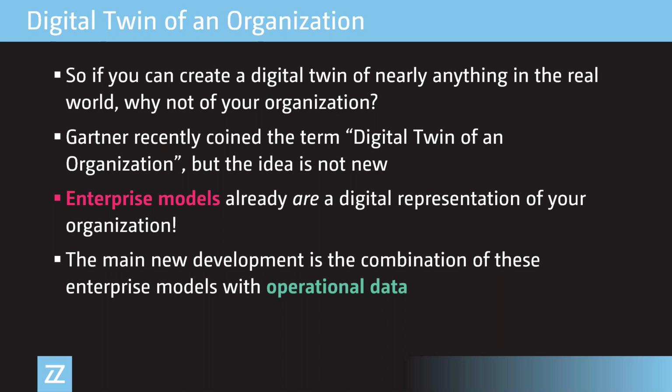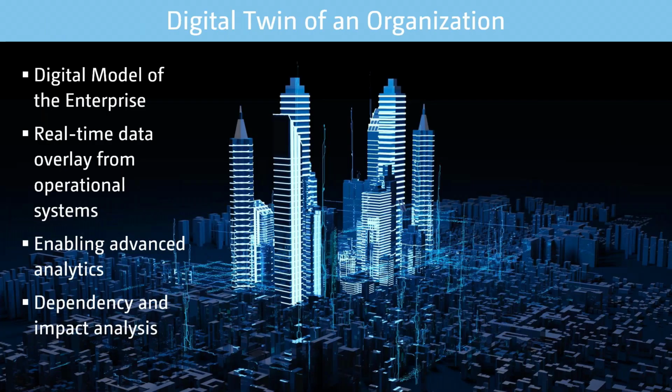So the digital twin of an organization, it is this digital model of your enterprise with an overlay of real-time data from your operational systems, various kinds of sources that enables these advanced analytics for all sorts of dependency and impact analyses, all sorts of improvements you want to make, and I will give examples later on in the presentation.